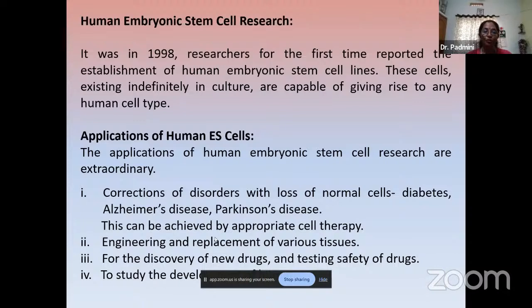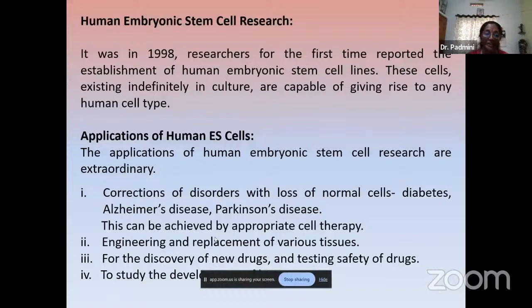There you can use embryonic stem cells to cut short the connections and give rise to better neurotransmission, where once the information is passed, the neurotransmitters are stopped, so there is no continuous supply and the shakiness stops. This can be achieved by appropriate cell therapy.